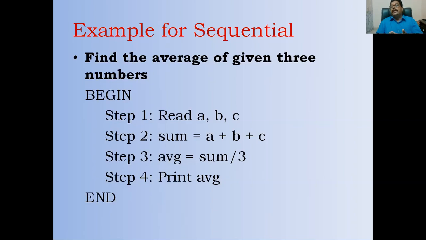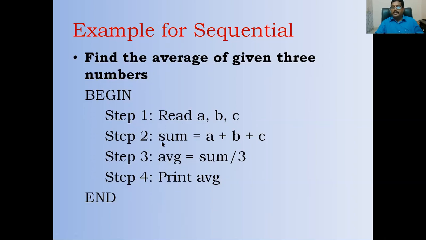We have to get those three numbers, so this is the input symbol. For input we can use read or input. Here I write read A, B, C, representing the three numbers as A, B, C.